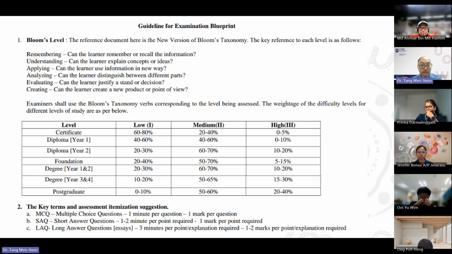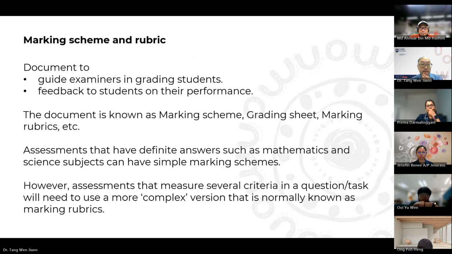So the next thing is the marking scheme and rubric. Quite straightforward. This document is to guide the examiners while grading the students, and also to give feedback to students on their performance. When they compare, they know where they are lacking. The documents, marking scheme, grading sheets, marking rubrics, are referring to the same set of documents.